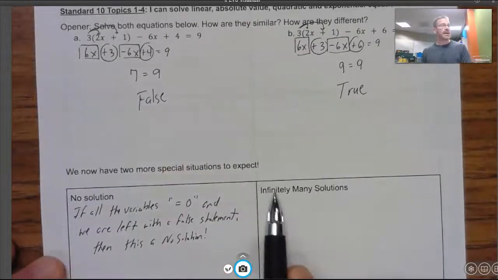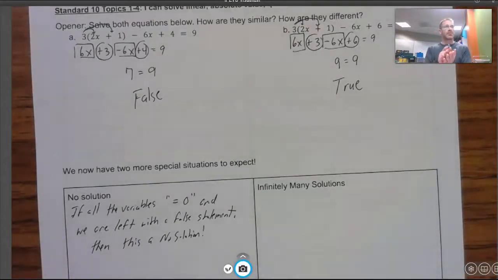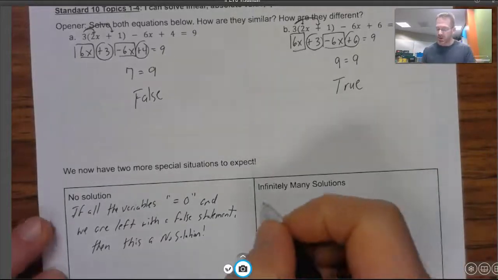Now, infinitely many solutions. What this is really saying is we have two of the same things, and they're kind of laying on top of each other, so they would intersect at every point. This is why there's infinitely many solutions, all right? So it's really the same beginning here.